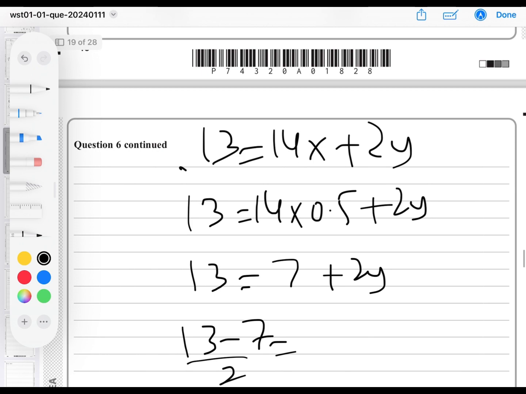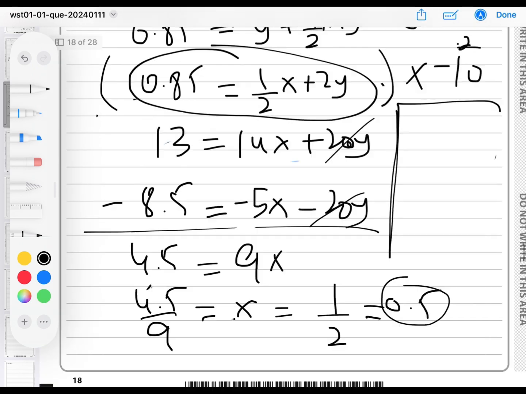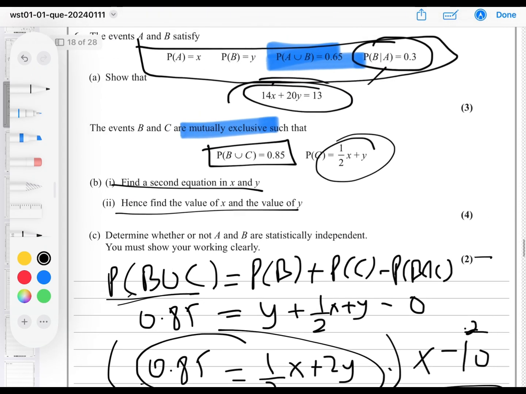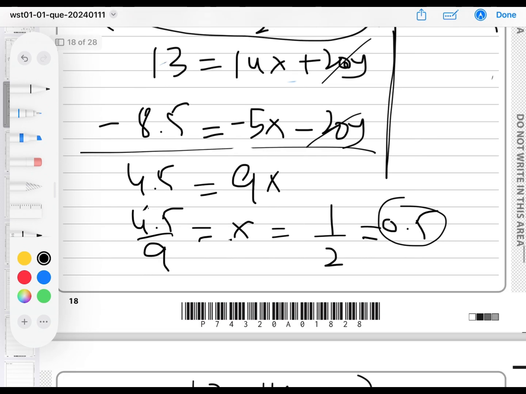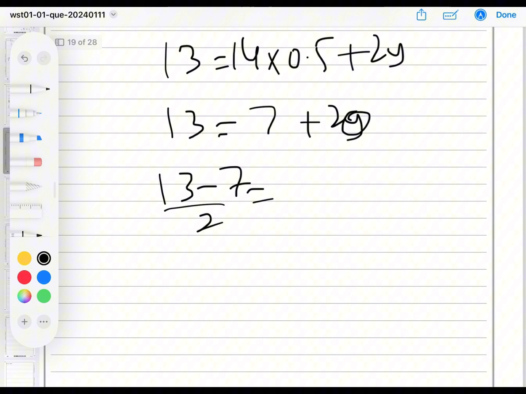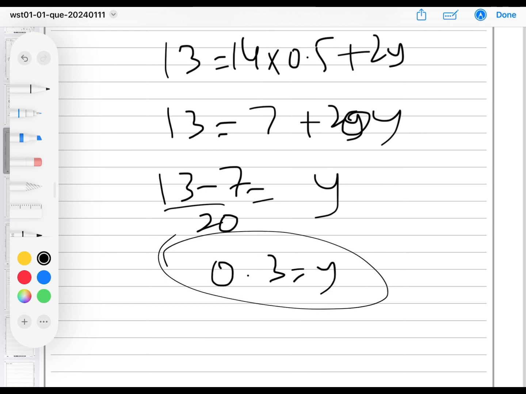Hold on, I made a mistake, this is 20y, the rest is fine. So now 13 minus 7 is 6 upon 20, which is 0.3. There you go, so this is the answer.